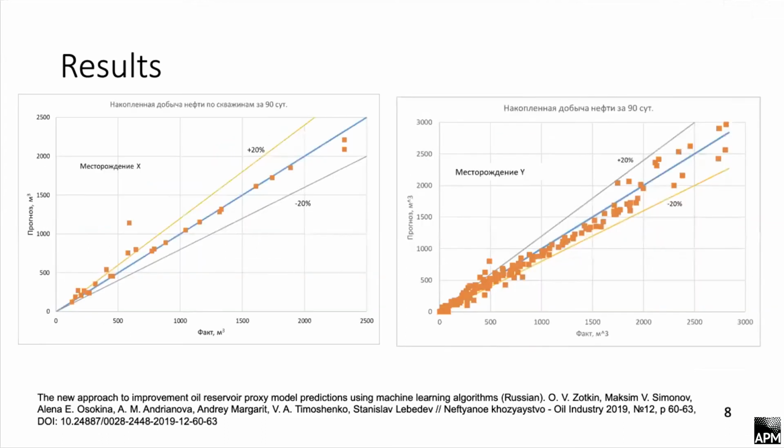But for industry, the total production is often more important than the dynamics on the previous slide. So according to this metric, our model also shows a good result. Unfortunately, we haven't yet been able to perform any comparison test with the classic models, but we are sure that we are much faster, though we don't know by how much.